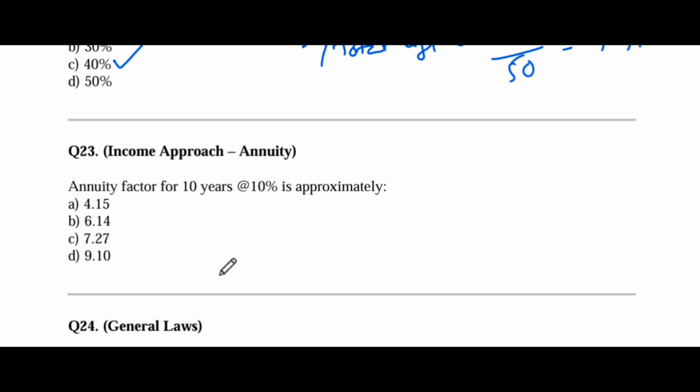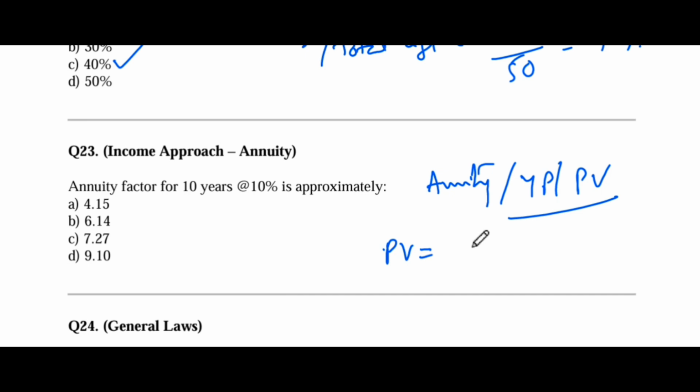Annuity factor for 10 years at 10% approximately. We previously discussed thoroughly regarding this annuity factor and all. So annuity factor, years purchase factor, present value factor. So what is the formula for this?